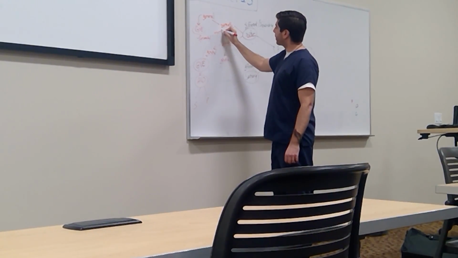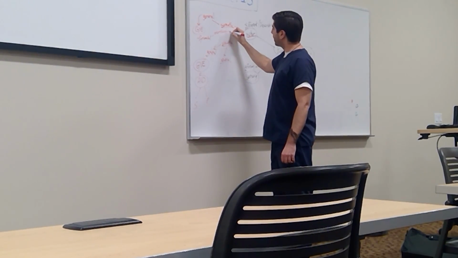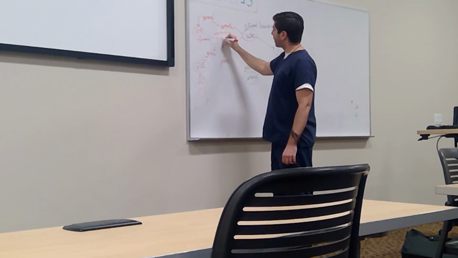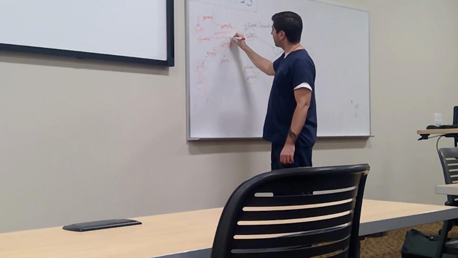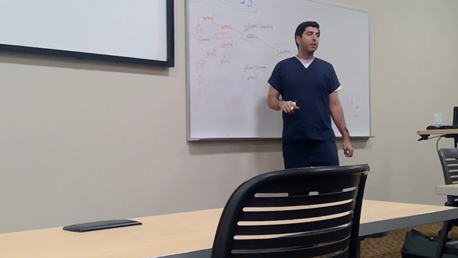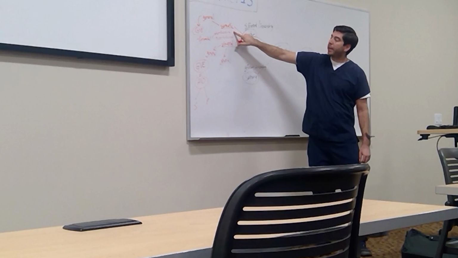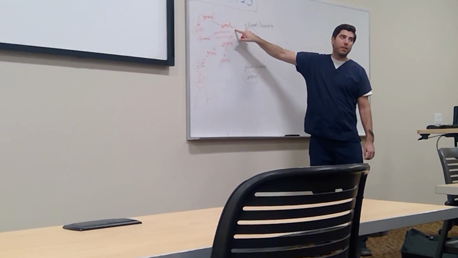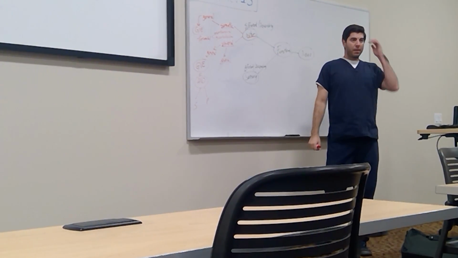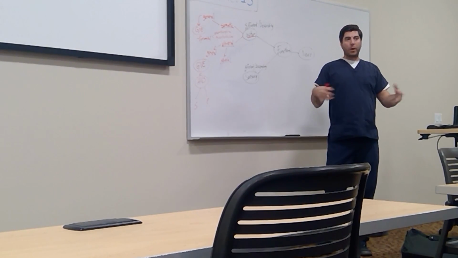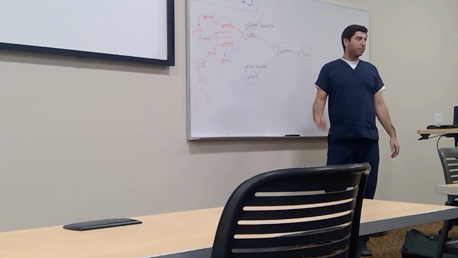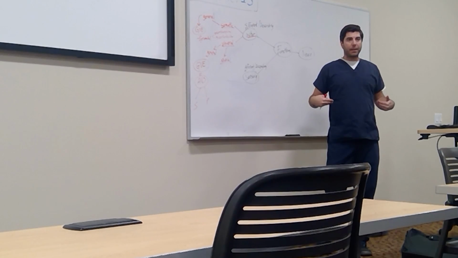Already running out of space, corticospinal and corticobulbar. Anyone know the difference? Where it's going. Body, face. Bulbar goes to face. That's a level of organization you're going to see. You have organization, motor, sensory, front and back, left and right.